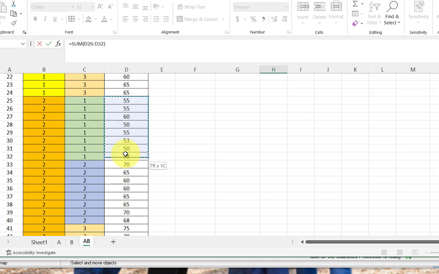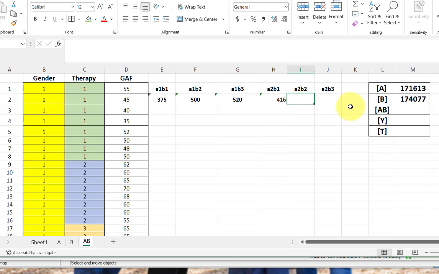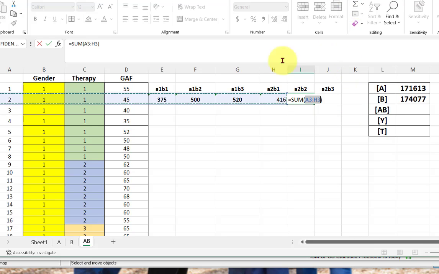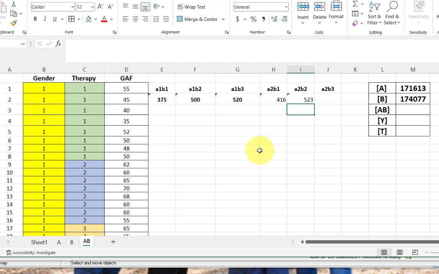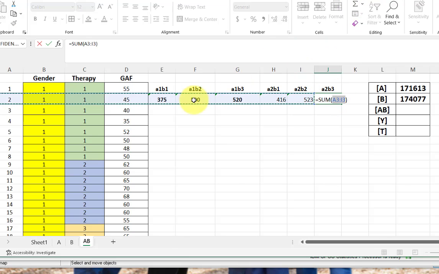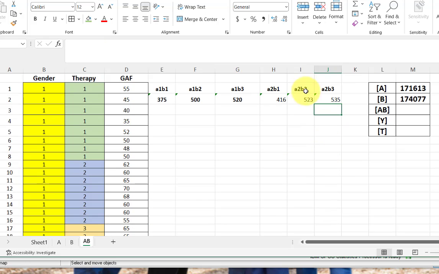These are the females. Enter. And females again. So sum of this one. Enter. Last but not least, sum of last one. Enter. And let me get them all pretty for you.